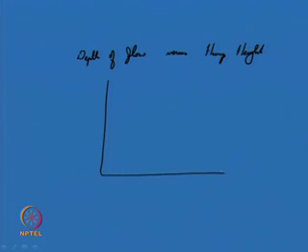You can easily see that if I plot depth of flow versus hump height, as we had assumed that initially at the upstream section the flow is subcritical. So, you can just see for the various values of the hump height del y what will happen.